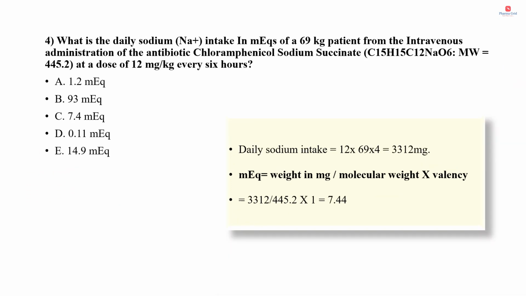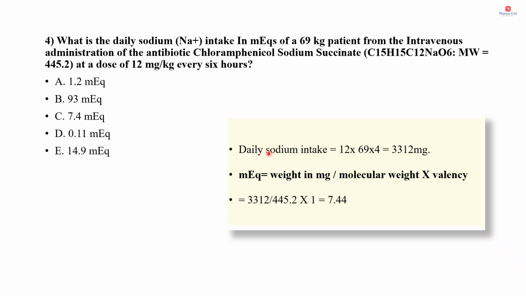Question number 4. What is the daily sodium intake in milliequivalents of a 69 kilogram patient from the intravenous administration of the antibiotic chloramphenicol sodium succinate having molecular weight 445.2 at a dose of 12 milligram per kilogram every 6 hours? So we need to find the daily sodium intake in this particular patient in milliequivalents.